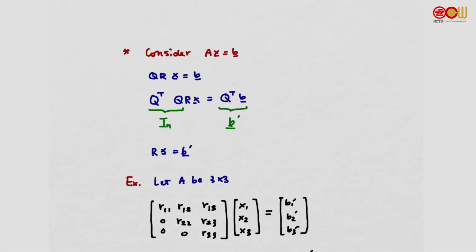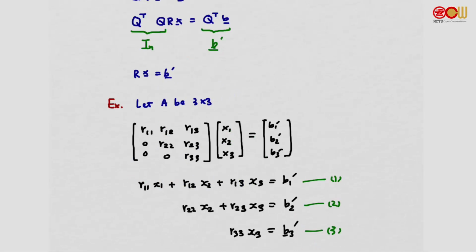Let's use one example to illustrate how this equation can be used to solve a system of linear equations. So now we have Rx equal to b prime. If A is 3 by 3, then this R is 3 by 3 like what we had earlier. And we have x1, x2, x3, and on the right hand side b1 prime, b2 prime, and b3 prime.